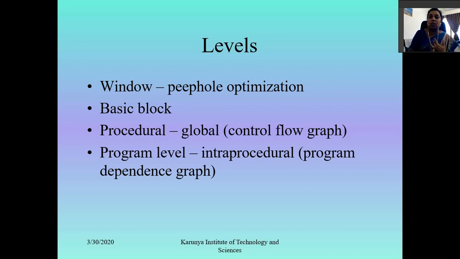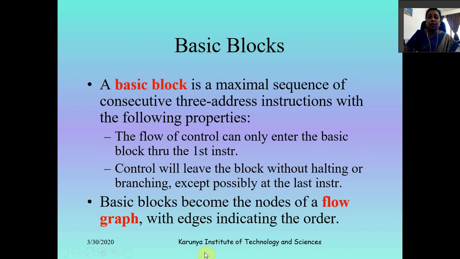So we'll mainly concentrate on how a basic block is built or identified, and then how we do an analysis. Then we'll work on peephole optimization and also the loop optimization part. Moving on, what is a basic block? A basic block is a sequence of continuous three-address instructions.